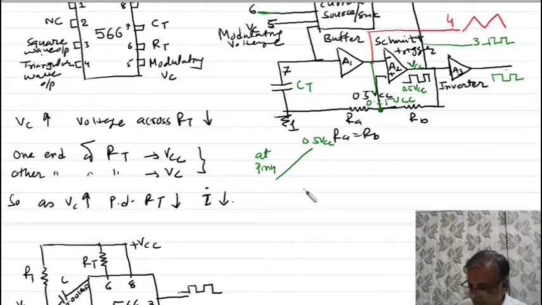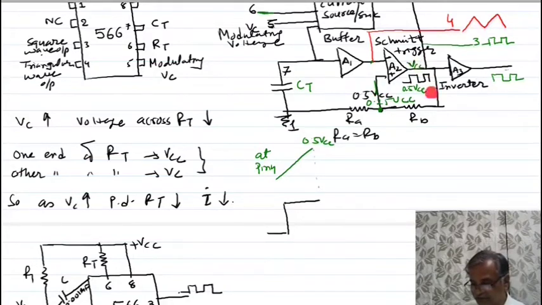The output of the Schmitt trigger, I am showing you, will be high. So listen again. This voltage is compared with this, and you will get the output here.